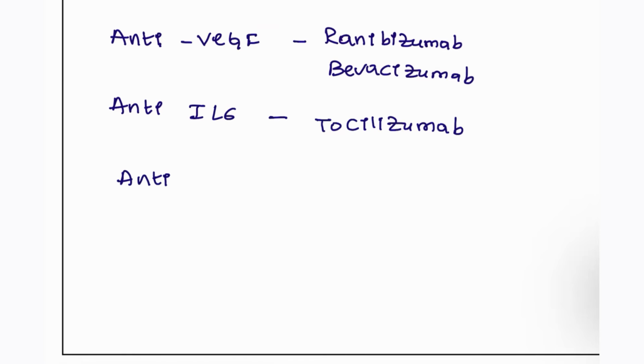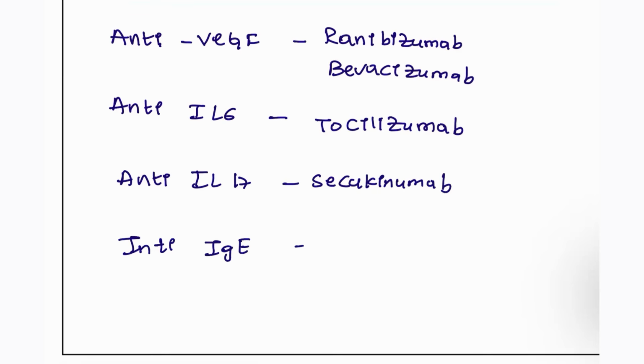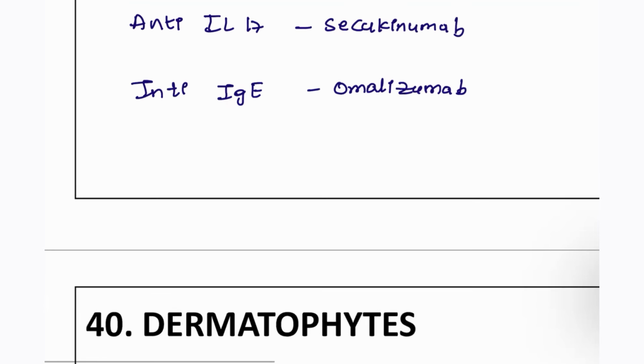Next, anti-IL-17, this is secukinumab. Anti-IgE, remember, this is omalizumab. Okay, and anti-eosinophils.